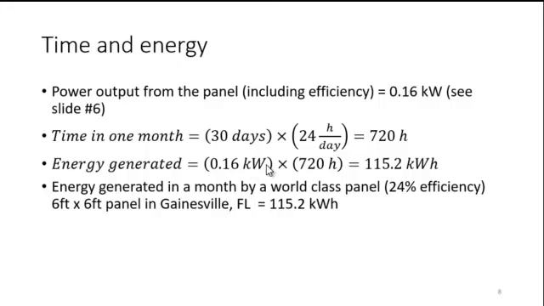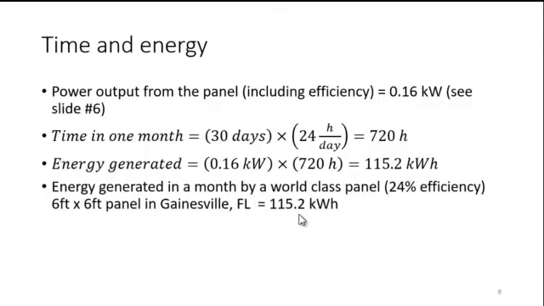I'm sorry, an amount of power. No, I meant energy. Sorry. 0.16 kilowatt times 720 hours. That works out to 115.2 kilowatt hours. So this is the conclusion of this calculation, that the panel in a month would produce 115.2 kilowatt hours.